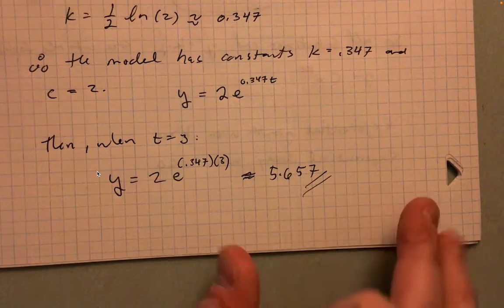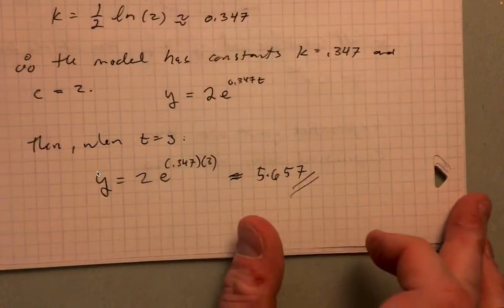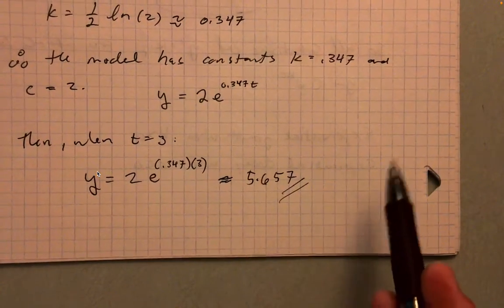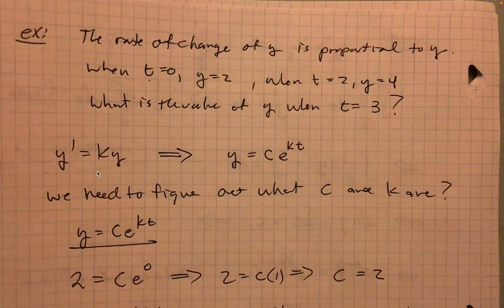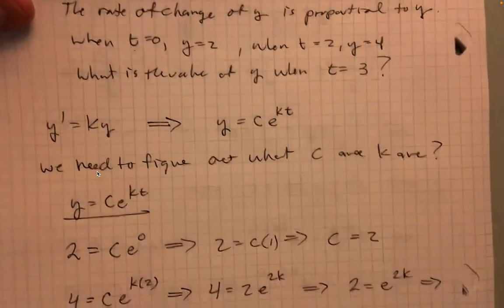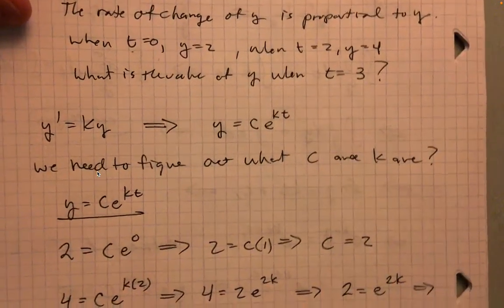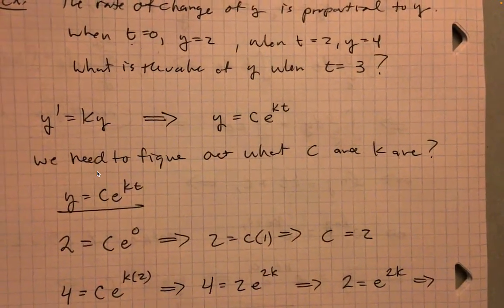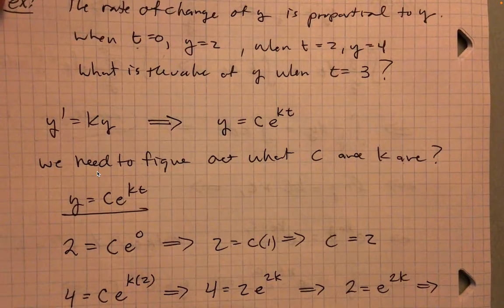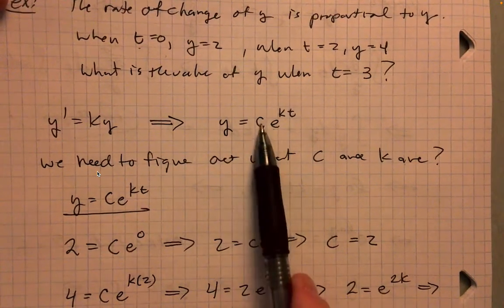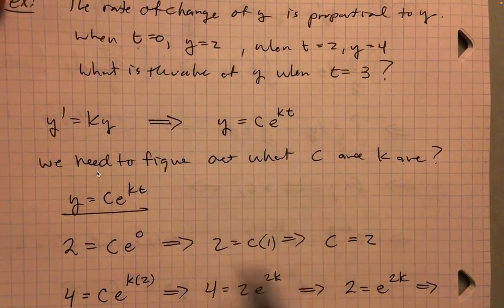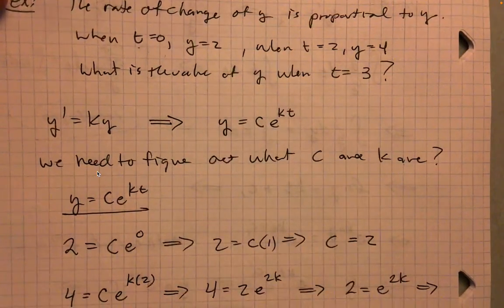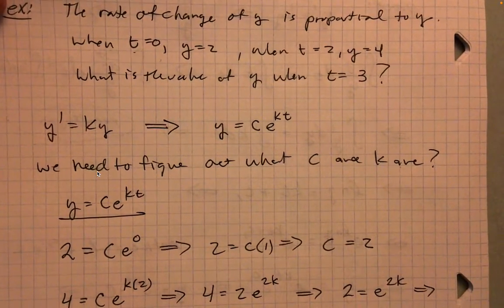Perfect. Okay, so that's a nice initial example, because it shows you the role that these initial values play in differential equations, or part of the role. That's the main role, right? The main role of the initial values is to basically parameterize the model. We need to know what c is, we need to know what k is, therefore we have to have some initial values in order to derive those constants.